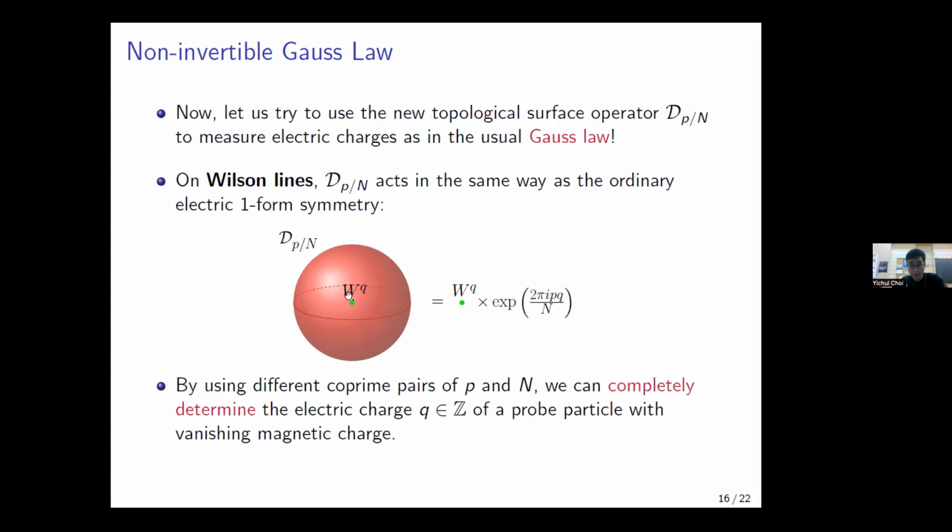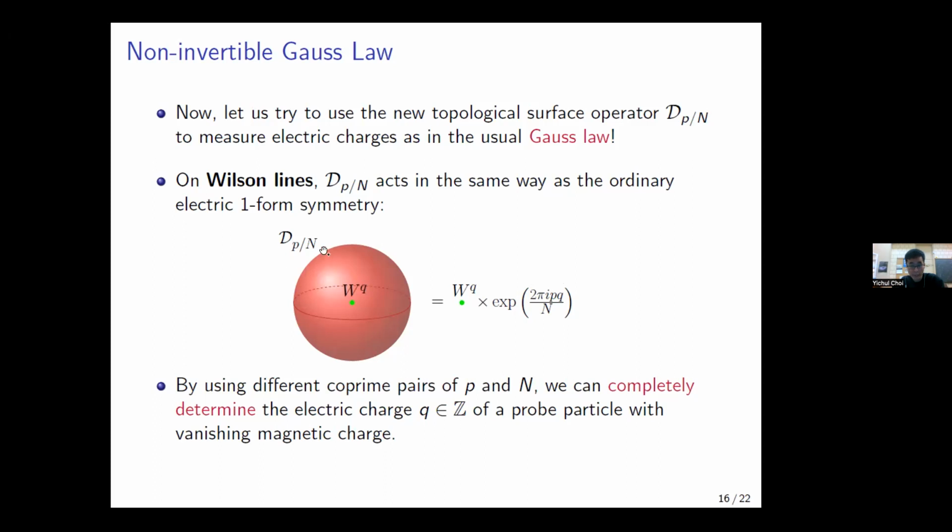When you surround this electrically charged particle with this D_{p/N} surface, you can show that its action on this particle is exactly the same as the ordinary electric one-form symmetry. And I obtain this phase factor, which is just a standard phase factor from the electric one-form symmetry.